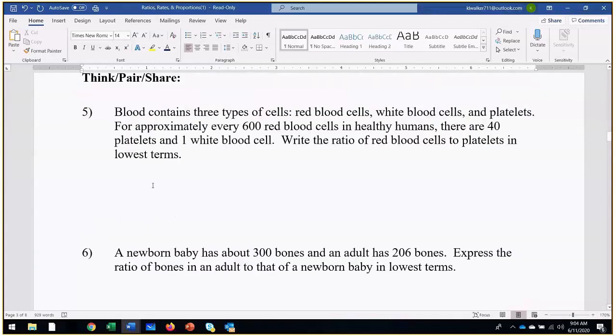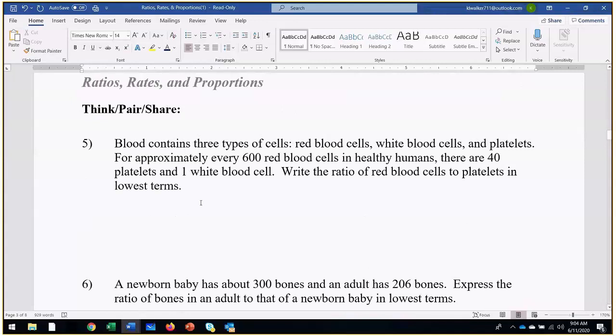So here's another one. Let me erase this. Okay, so blood contains 3 types of cells: red blood, white blood, and platelets. For approximately every 600 red blood cells in healthy humans, there are about 40 platelets and 1 white blood cell.